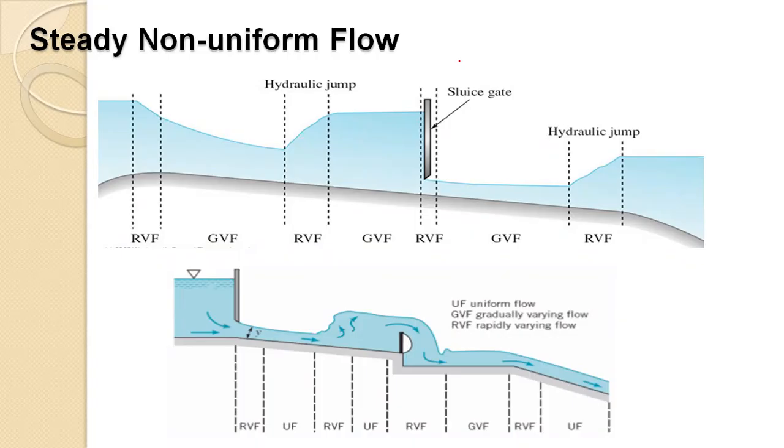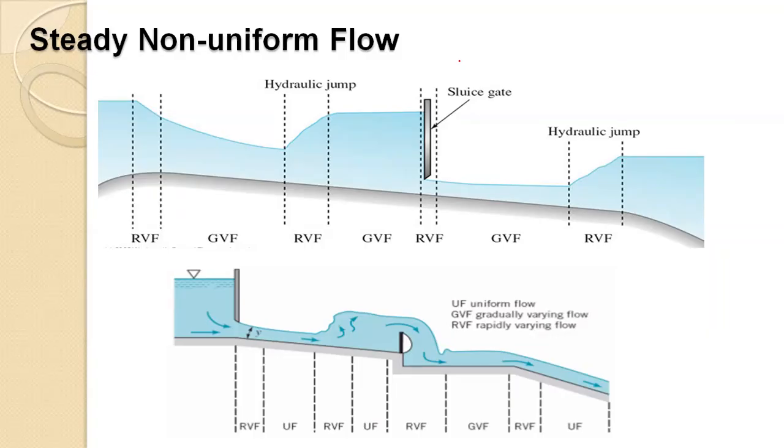Now we are considering a flow. If you take a particular point, at that point velocity will be constant. And then if you take another point, the velocity will be different, but with respect to time, at that particular point, that velocity is constant. So different values, but with respect to time, it would be constant. So that is the steady flow. The non-uniform flow means along the channel, that is in space, not with respect to time.